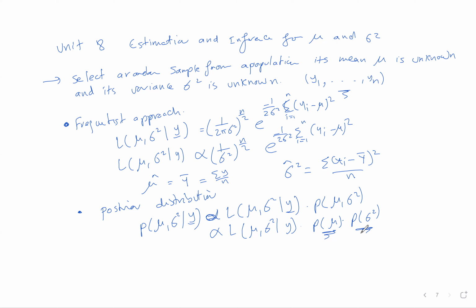And if you'd like to get the posterior distribution of sigma square, you take the integral over the whole range of mu to get rid of mu, and you get the posterior distribution of sigma square given the data. So this one is not easy. I know in this case I cannot do it, but you will hate me if I showed you how to get the posterior distribution of mu and sigma square. So we need to learn what to do if we are not able to do it.